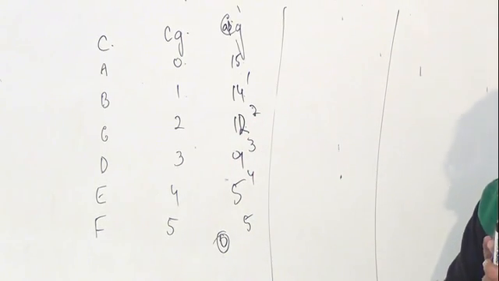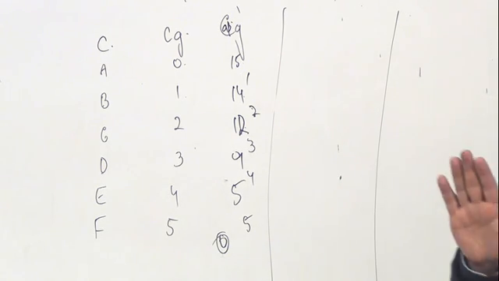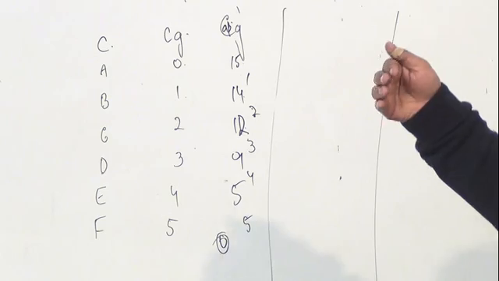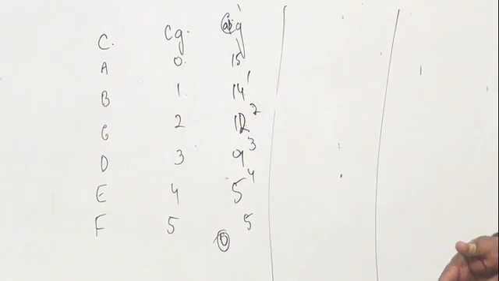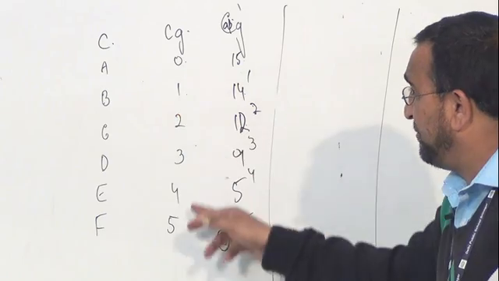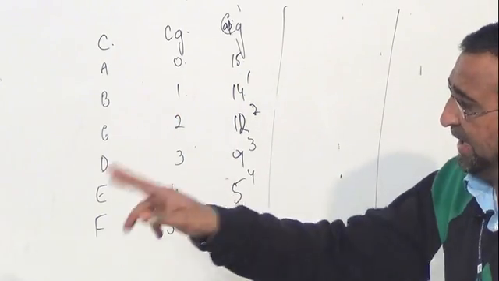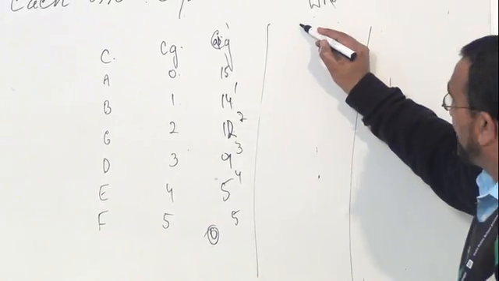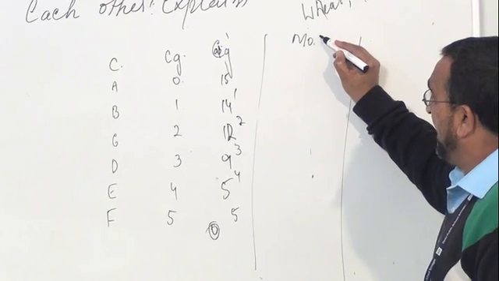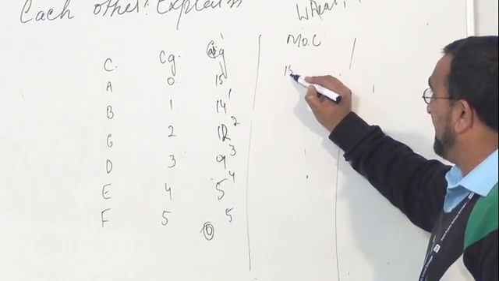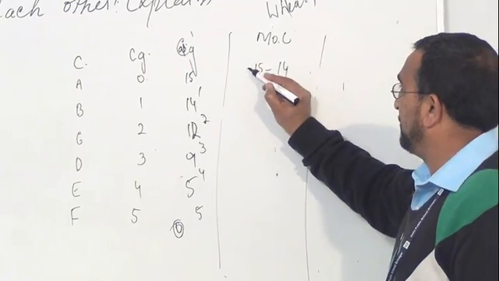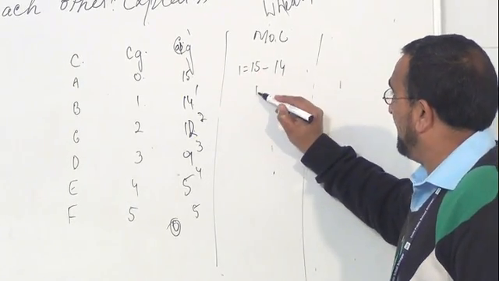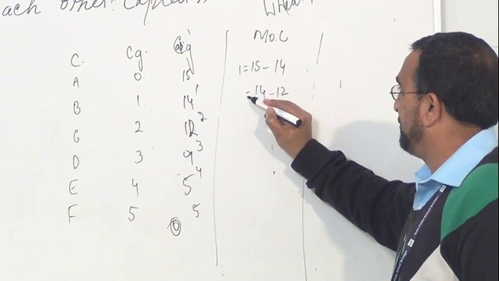When we produce 1 more unit of consumer goods, we have to sacrifice 3. The rate at which you are sacrificing, how many units you are sacrificing in order to produce consumer goods, that we call the marginal opportunity cost. So if we measure the marginal opportunity cost here, it is simply 15 minus 14, that is equal to 1. 14 minus 12 is equal to 2.